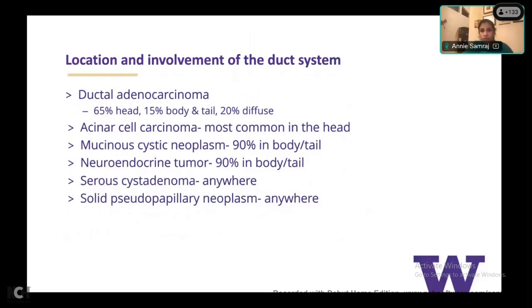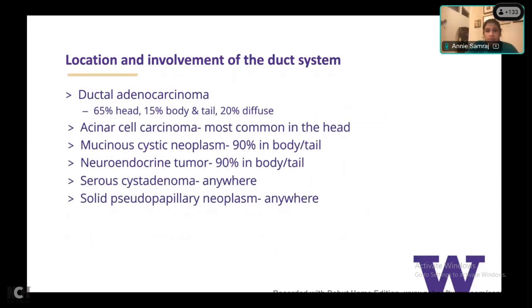It's important to know the location, because even before you look at the microscopy, you can narrow down your differential based on the location of the tumor and involvement of the duct system. For example, the majority of ductal adenocarcinomas are in the head of the pancreas, as is acinar cell carcinoma.